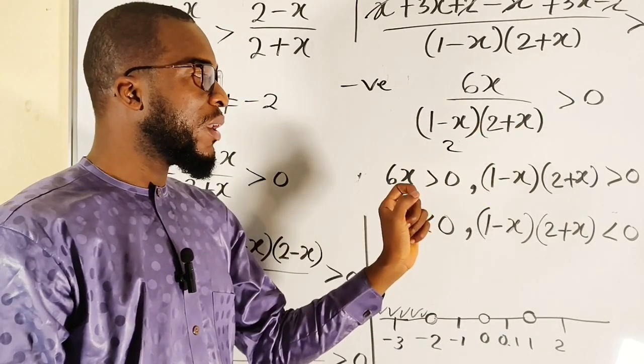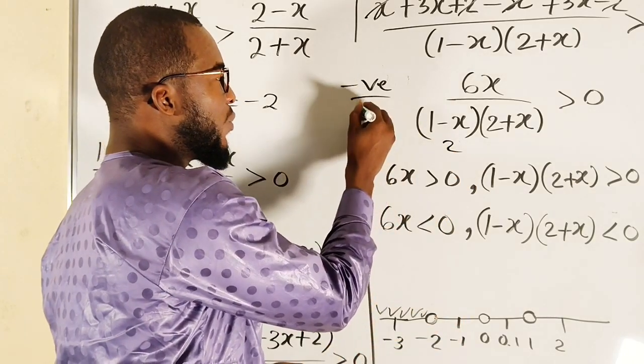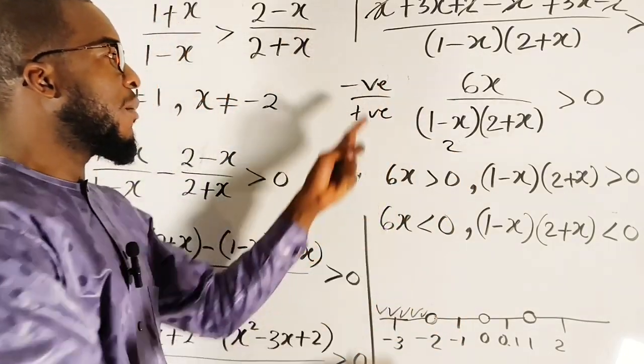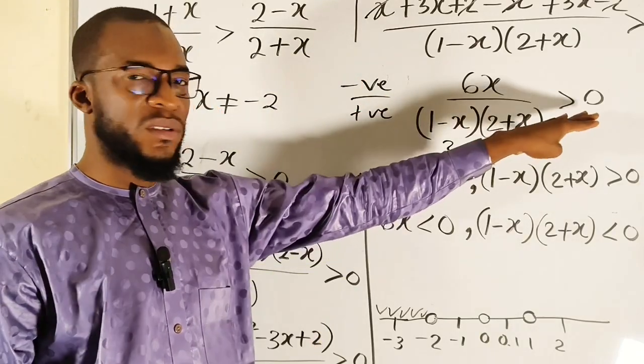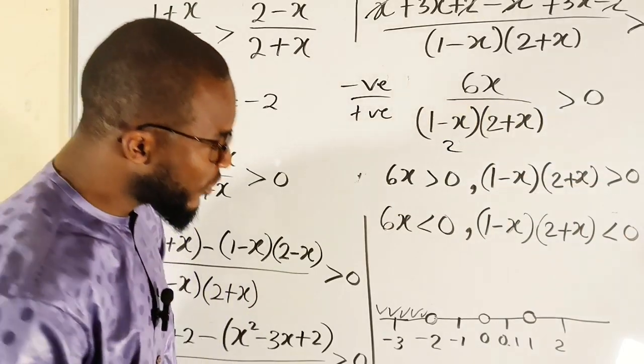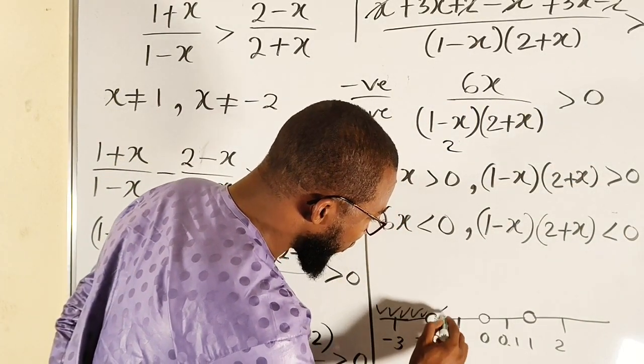Then 2 minus 1 is 1, times 2 is still 2. So you see the bottom is positive. And negative divided by positive is negative, which is not greater than 0, right? So no value between negative 2 down to 0 will satisfy this inequality.